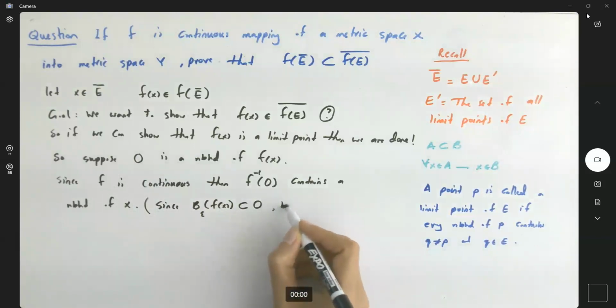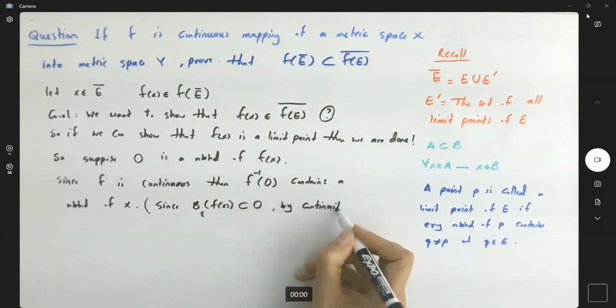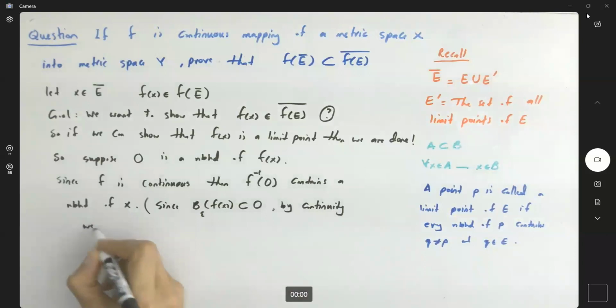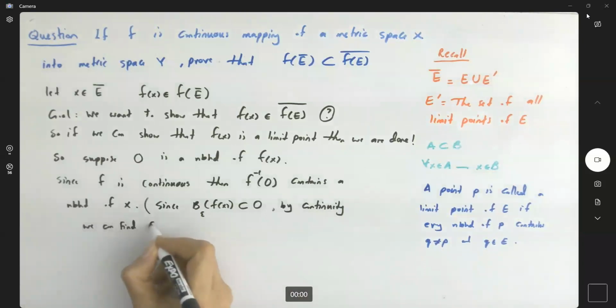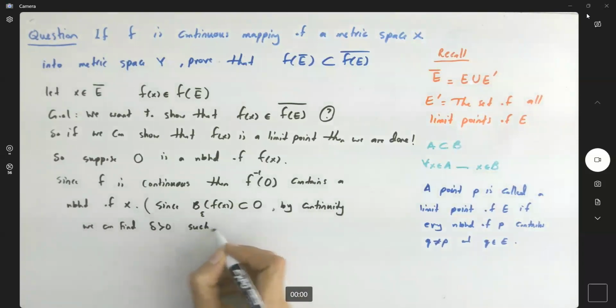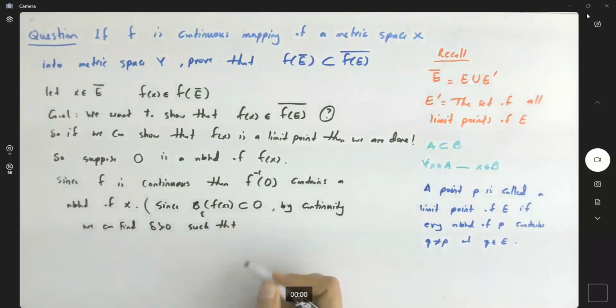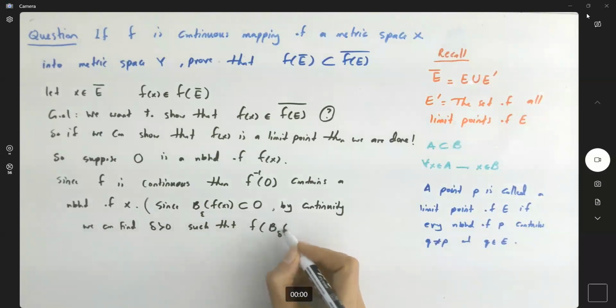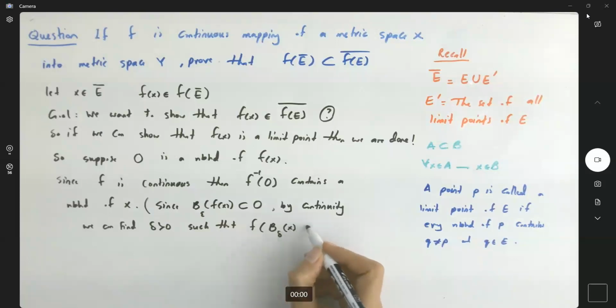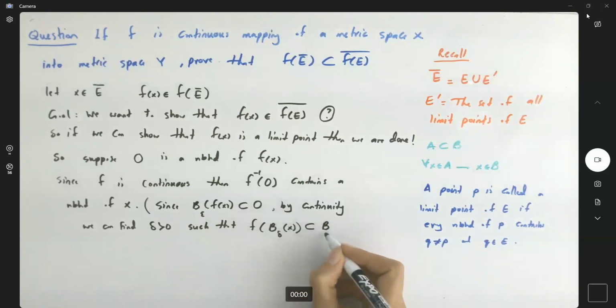By continuity, we can find a positive delta such that f of the neighborhood with radius delta at x is contained in the open ball with center f of x and radius epsilon.